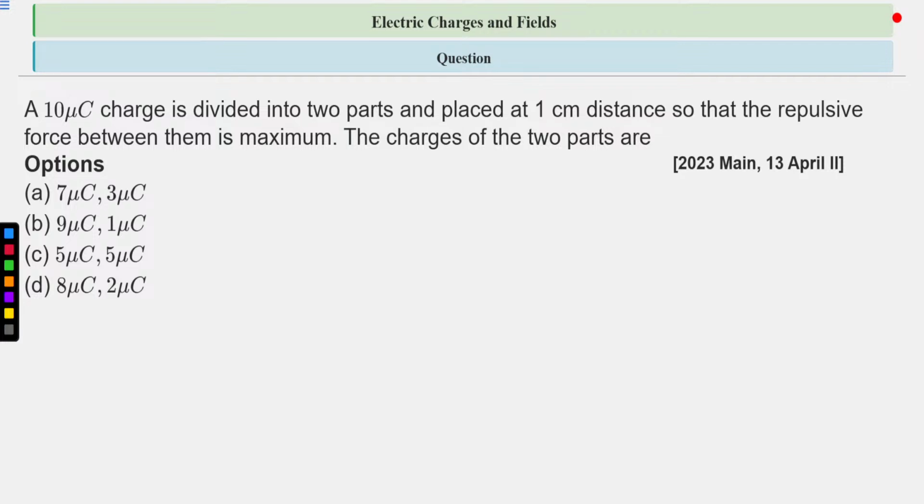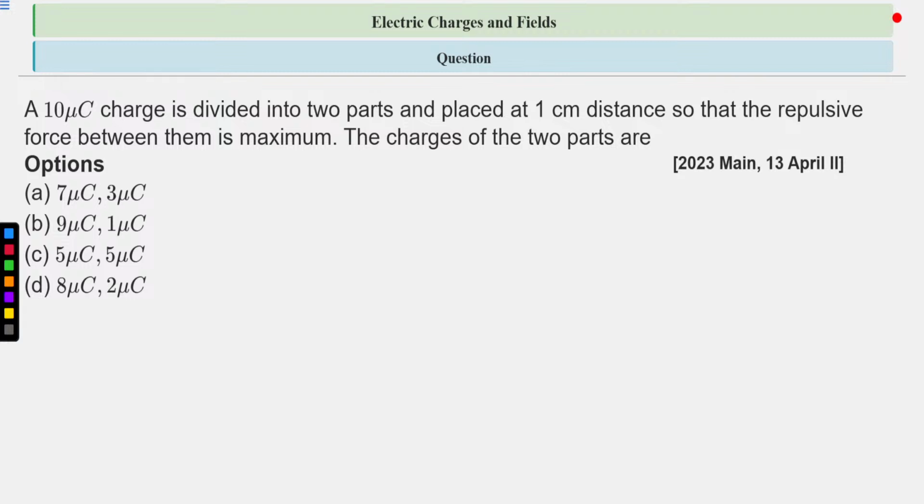A 10 microcoulomb charge is divided into two parts and placed at 1 centimeter distance so that the repulsive force between them is maximum. The charges of two parts are, so 10 microcoulomb charge, we have divided the 10 microcoulomb charge into two parts, means 5 microcoulomb charge, and the other one is also 5 microcoulomb charge, and we have placed them at a distance of 1 centimeter so that the repulsive force between them is maximum.